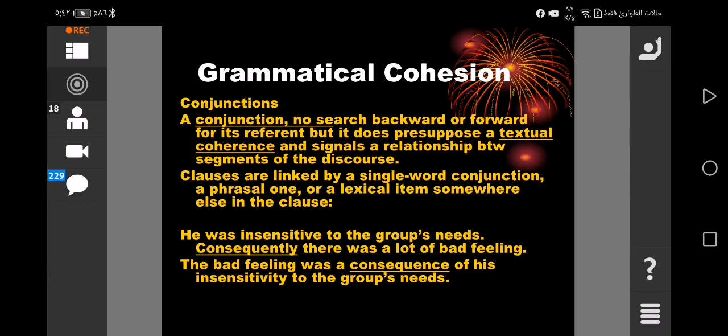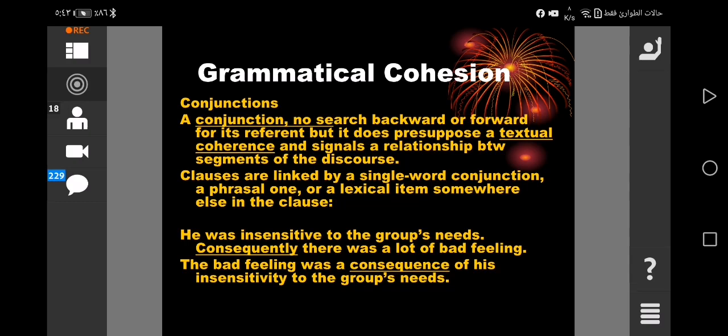Conjunctions. Well, a conjunction does not set off a search backward or forward. But it does presuppose a textual coherence.